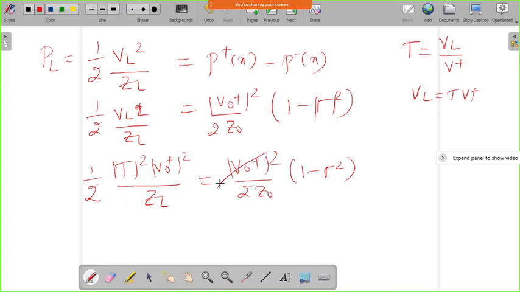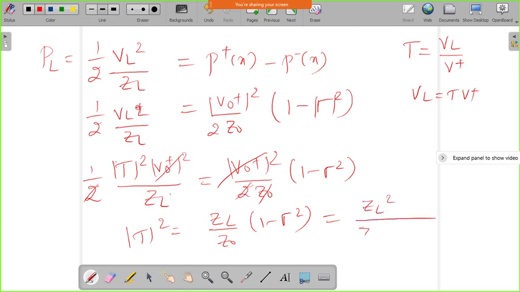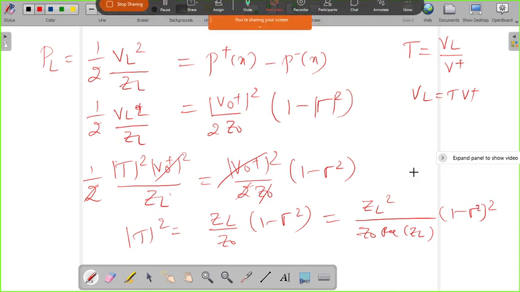Now we can cancel this one, V naught square and Z naught, so the 2 is going to get cancelled. So this T square we can write as ZL divided by Z naught into 1 minus gamma square. Or also we can write, if I multiply the ZL square, that Z naught into real part of ZL into 1 minus gamma square.